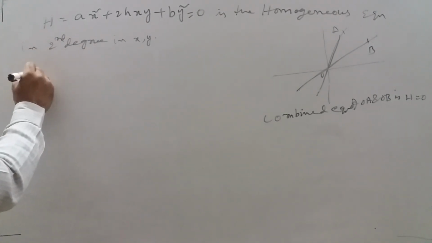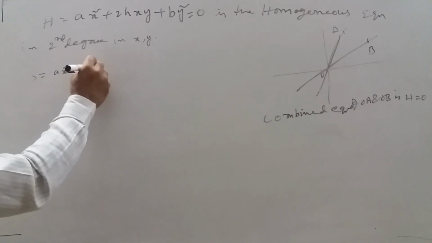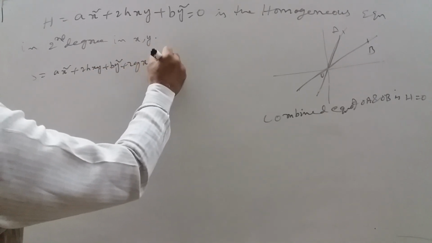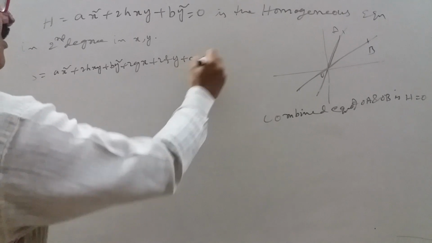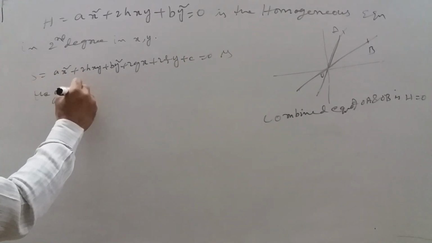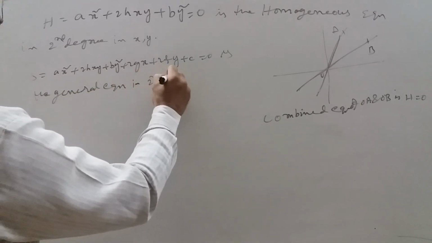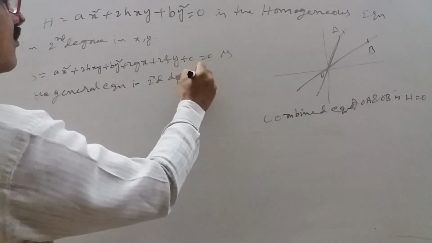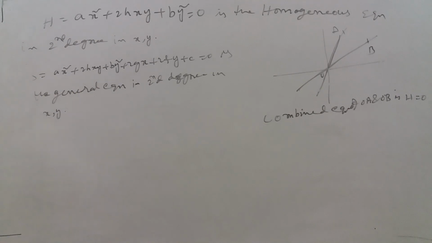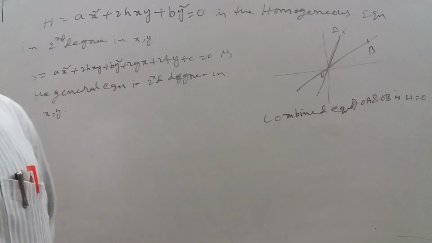The second one: if S is equal to ax square plus 2hxy plus by square plus 2gx plus 2fy plus c is equal to 0 is the general equation in second degree in the variables x and y, this also represents a pair of straight lines which are not passing through the origin.